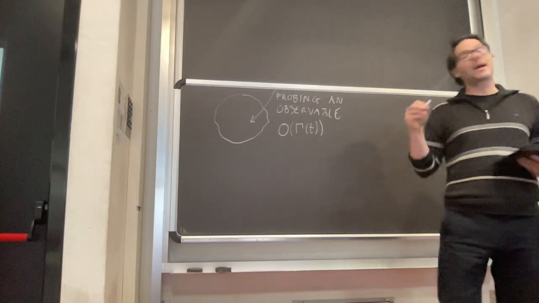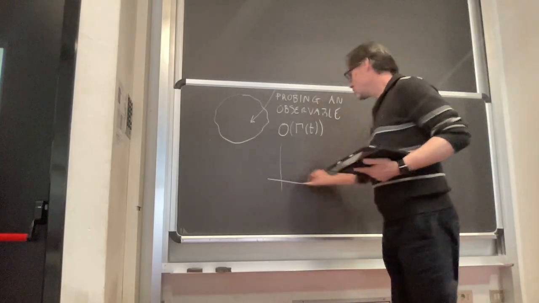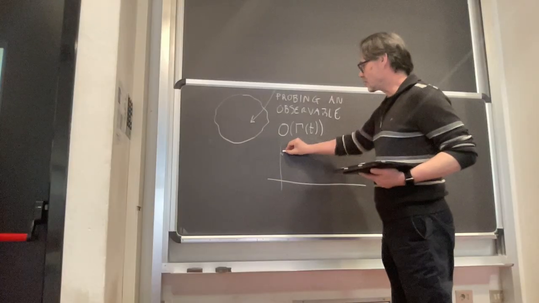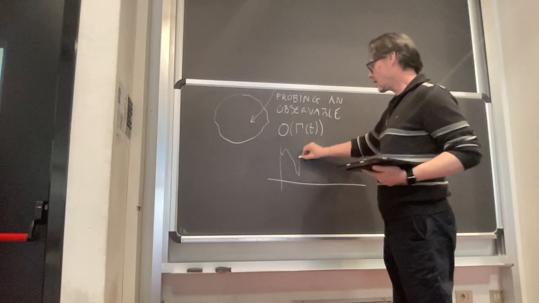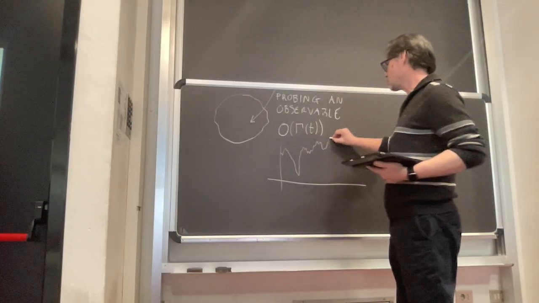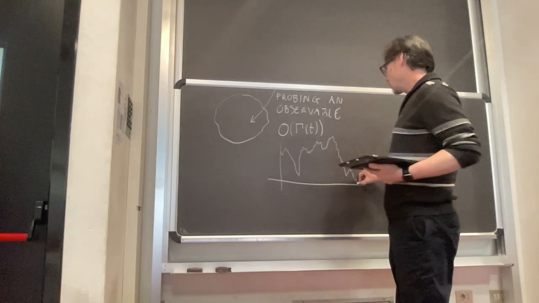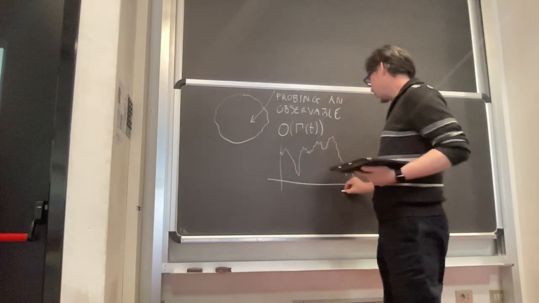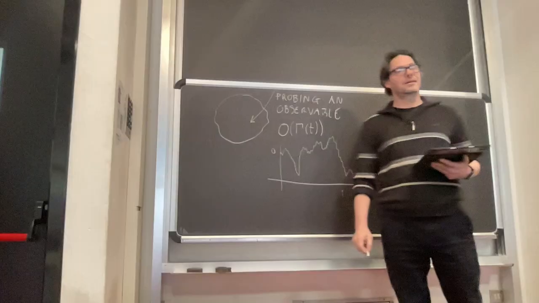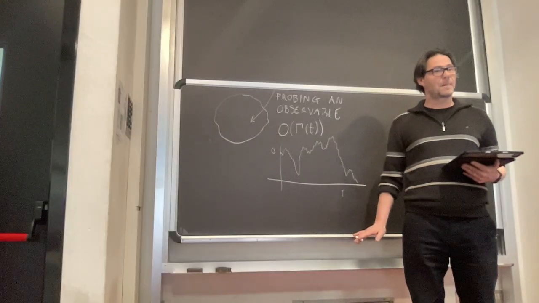So if you had infinite time resolution, you would start from the initial time, and you would see the time evolution of your observable with arbitrary time resolution. This is O, and this is t. Do you agree with me?